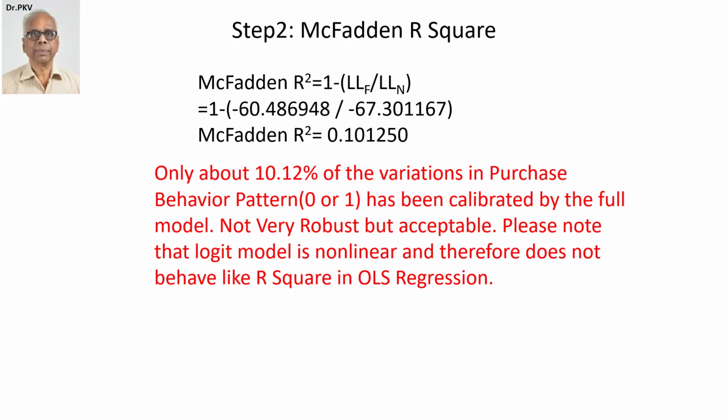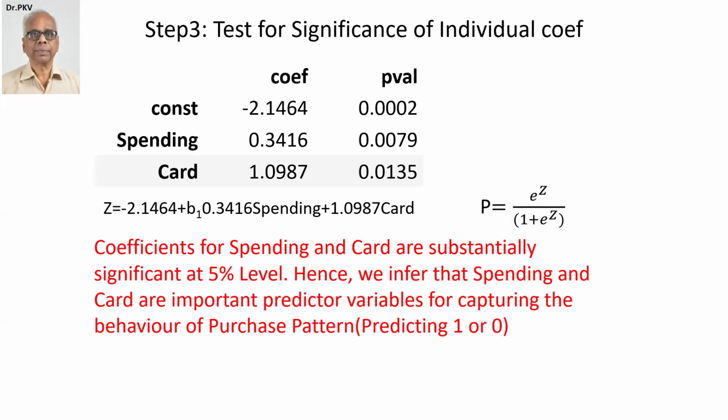Now let us look at step 3. Test for significance of individual coefficients. We have already tested in step 1 overall validity of the model, where on the overall basis there is a logistic regression assumption quite valid.